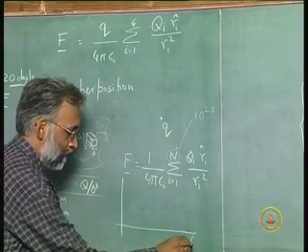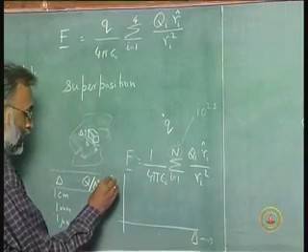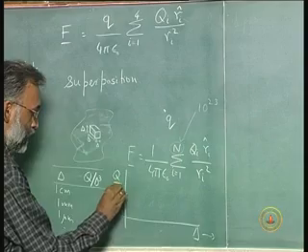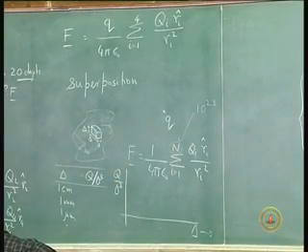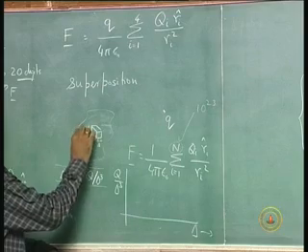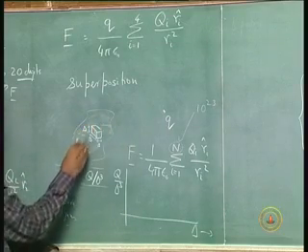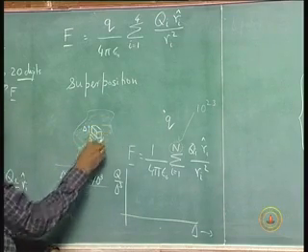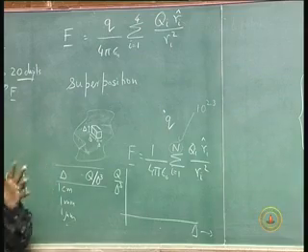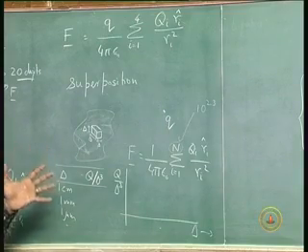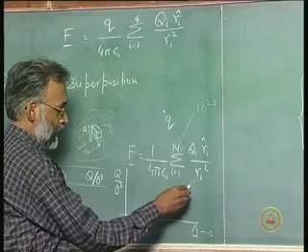This is delta, this is q over delta cubed. For very large delta, the charge is not uniform, there may be more charge out here, less charge out here, and our cube is spanning all these different regions. So you will expect some variation.